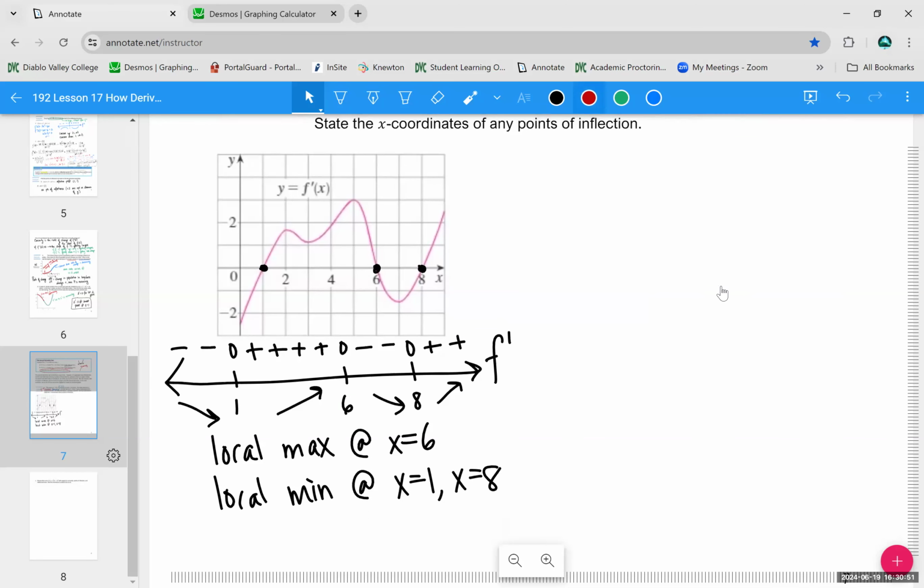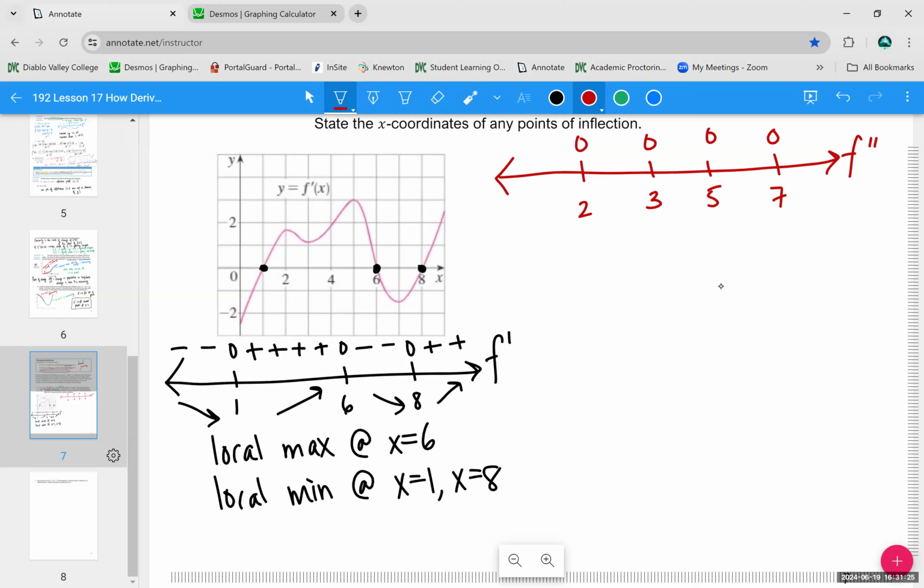So again, the idea is, okay, we need to create a sign chart for f double prime. And that one we are going to need to know, when is f double prime 0? Well, if this is f prime, we're looking at where does it have horizontal tangents. So that would be at 2, 3, 5, and 7.